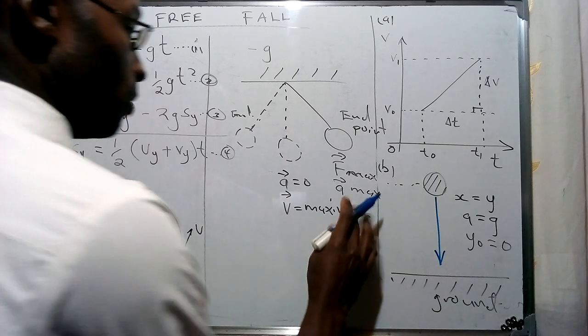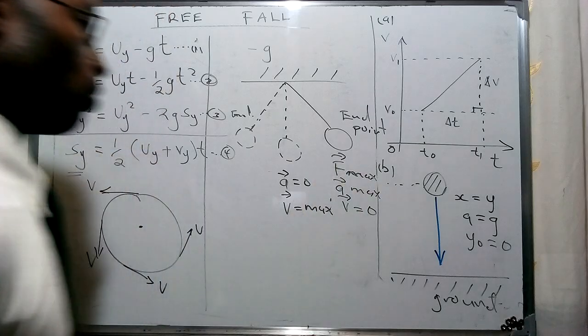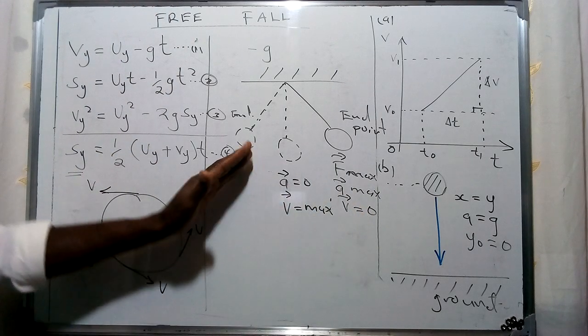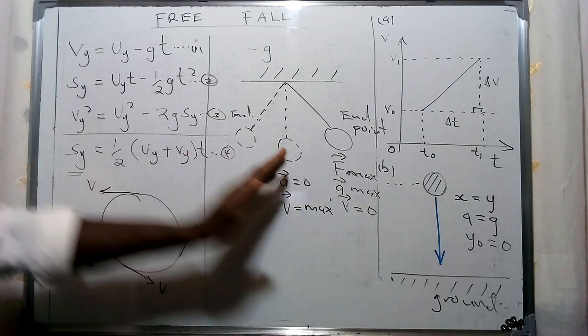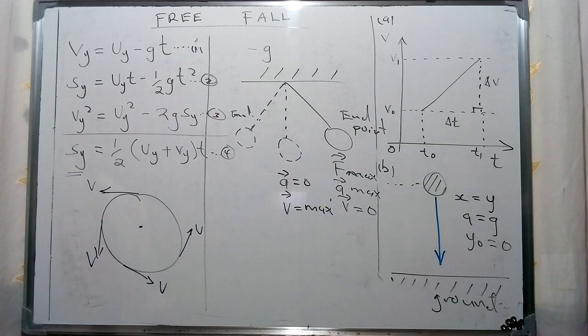But in contrast with that, the velocity at this specific point is going to be equivalent to zero. This is going to be the case for the other endpoint which we are going to see for such a motion of a single pendulum, whereby acceleration and velocity are going to have different directions. So this is especially the case for the sinusoidal behavior of motion of a pendulum, which we are going to come across.